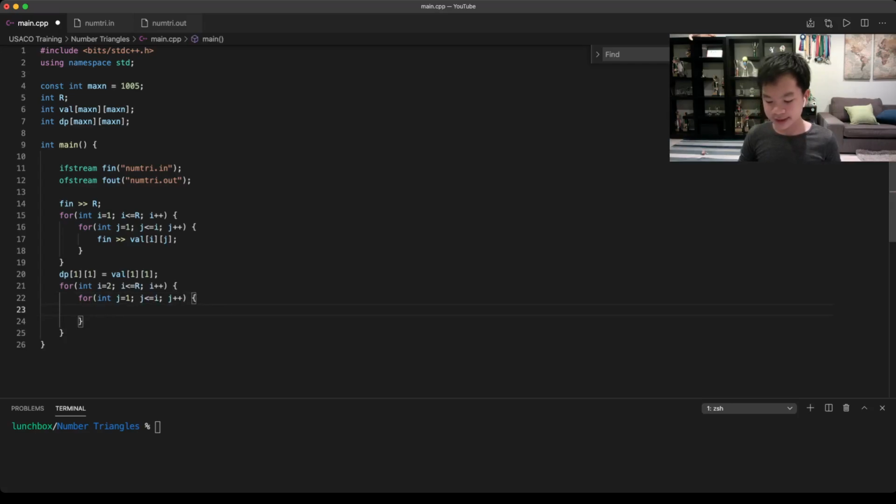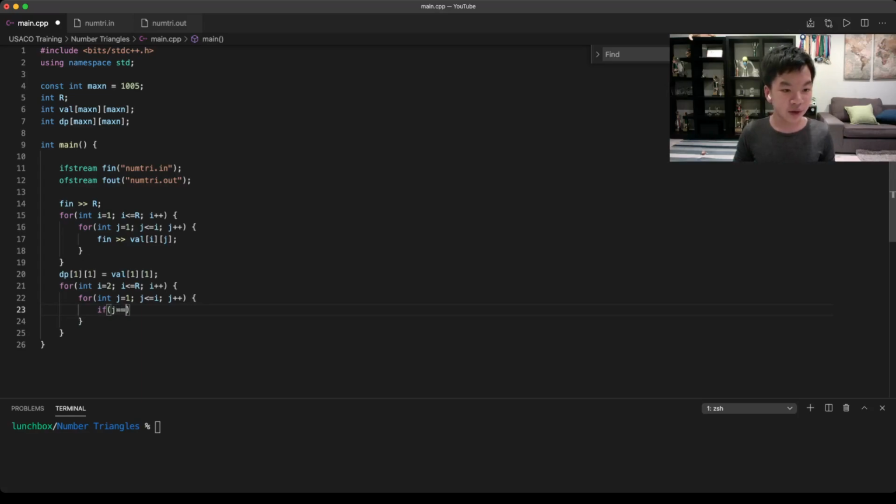So now you can see that we have a few cases. If it is the first node, it only has one parent. So if j equals 1, it would have one parent. And if j equals i, it would also have one parent. So we can handle these cases separately.